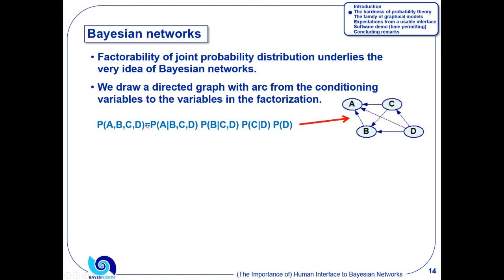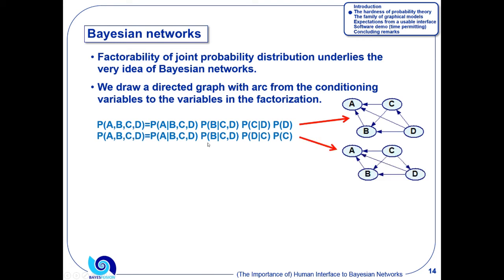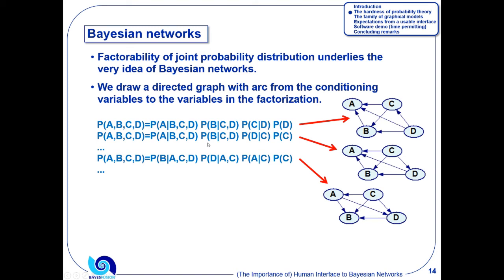Once you factorize a joint distribution, you can draw a Bayesian network by essentially leading arcs from the conditioning variables to the variable before the conditioning bar. There are many ways of factorizing a distribution, and some factorizations are preferred over others because in some factorizations we can make use of independencies.